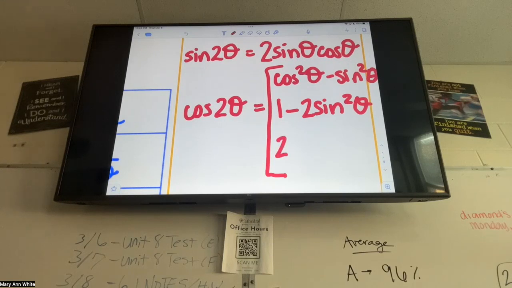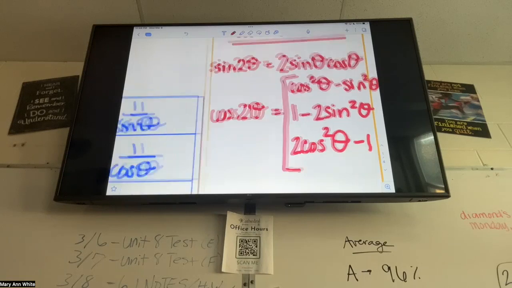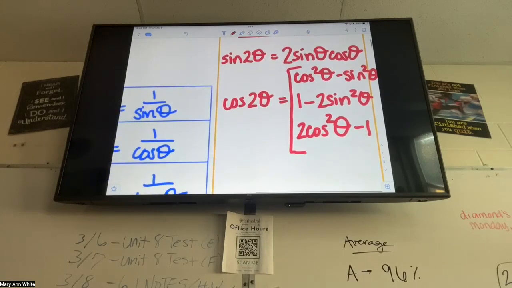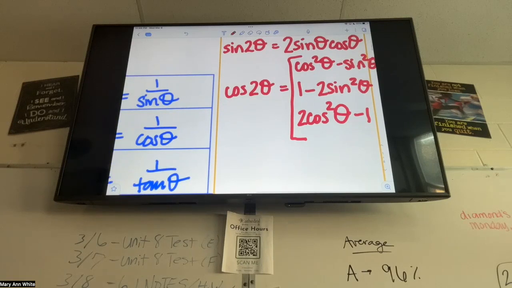And the last way is 2 cosine squared theta minus 1. We're going to talk about in a minute why I would use one over the other, but all 3 of those are good options.